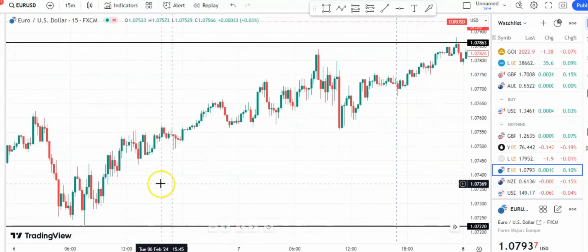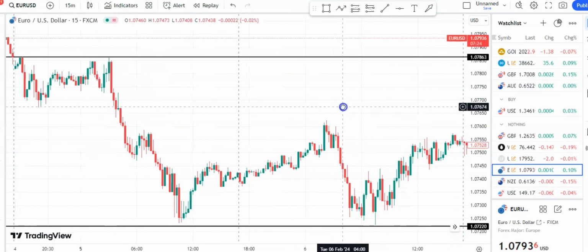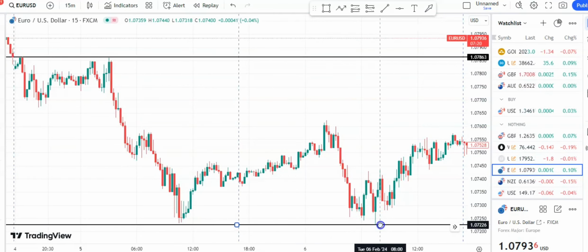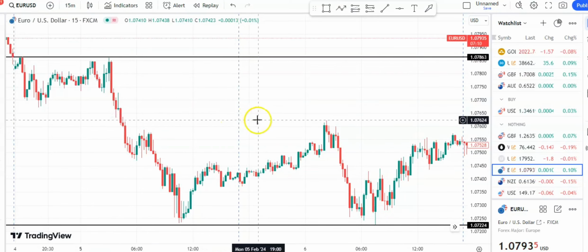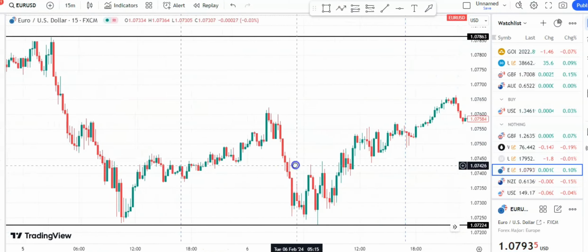So, pin number one. A pin is an extension of the low. Keep that in mind. A pin or the high, whether it's on the 15-minute time frame or the 1-minute time frame, it doesn't matter. A pin is always an extension.